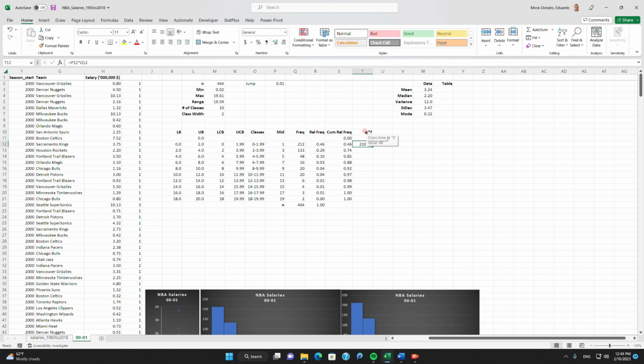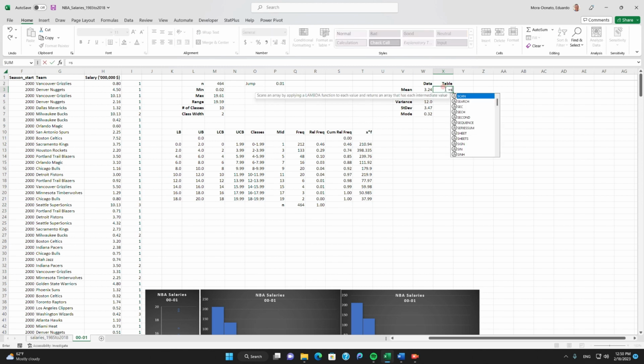I do that for all. And then to calculate the mean, I just add them all and divide by sample size.